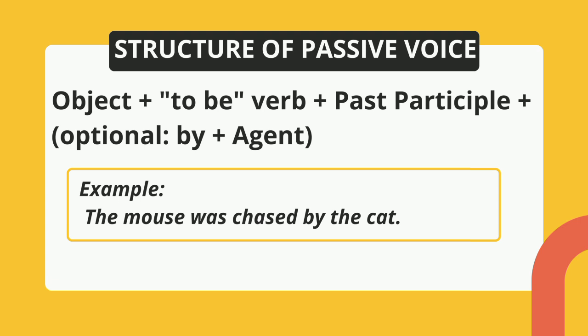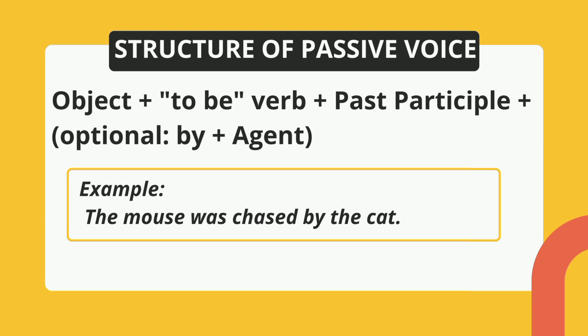The object followed by to be verb plus past participle, optional by plus agent. The by plus agent is not necessary, but it can be included.